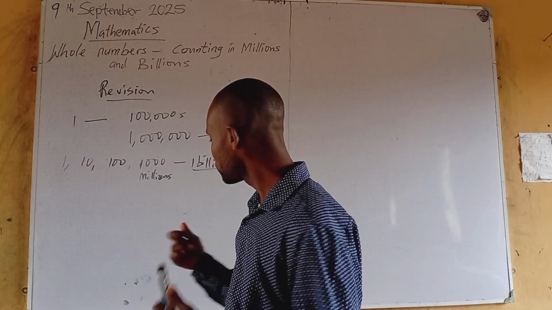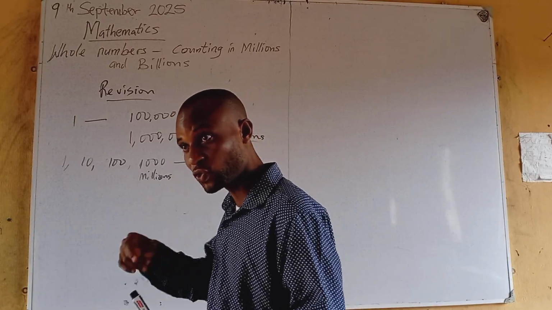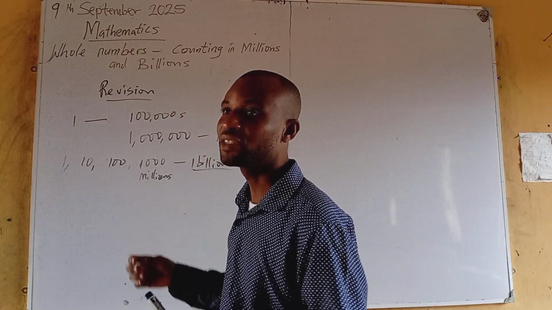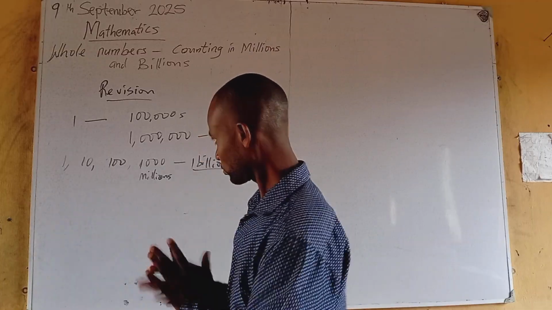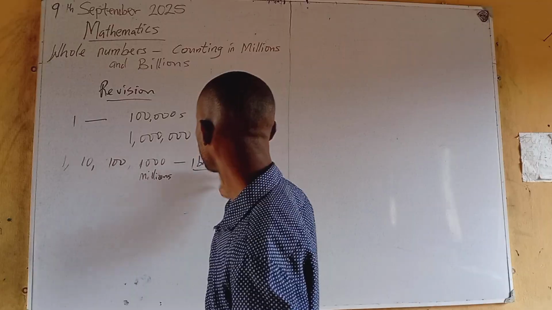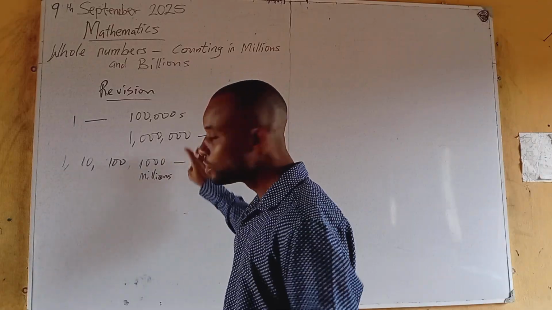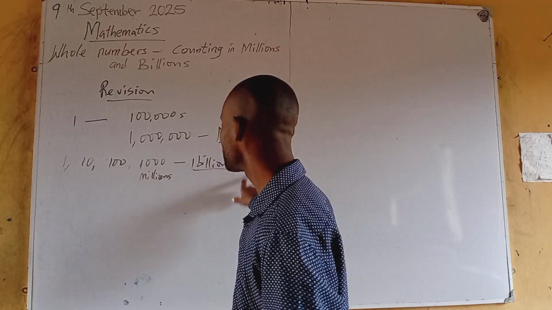You only need to be faster and more focused to not make mistakes, because now it's larger numbers. So that is from your revision up to knowing millions and then billions.